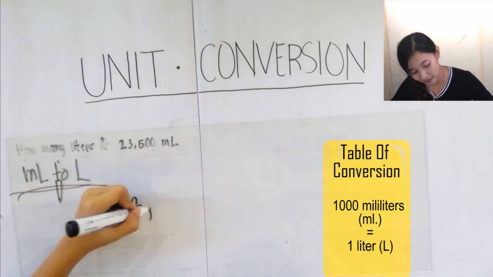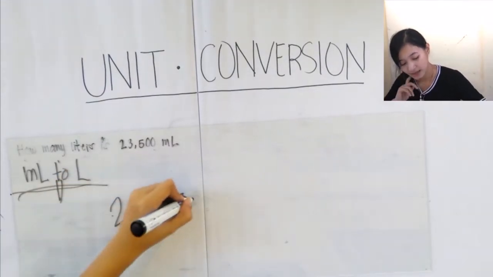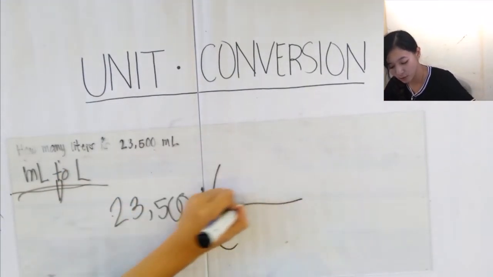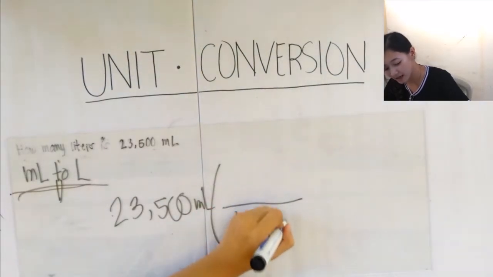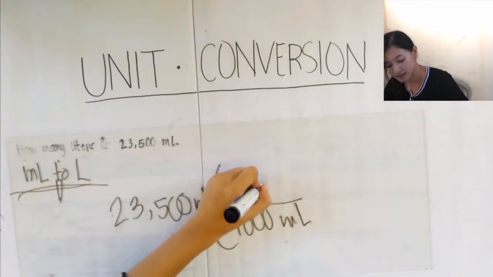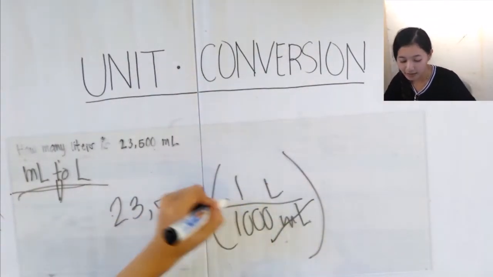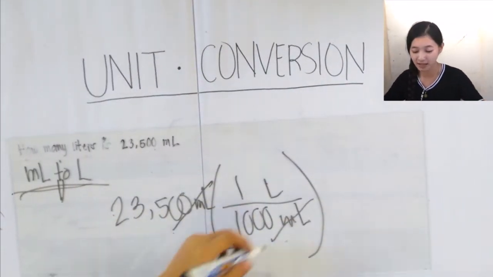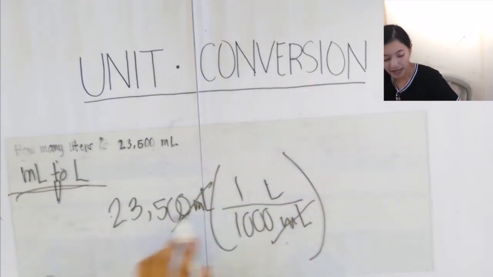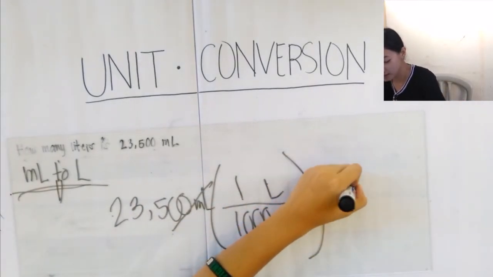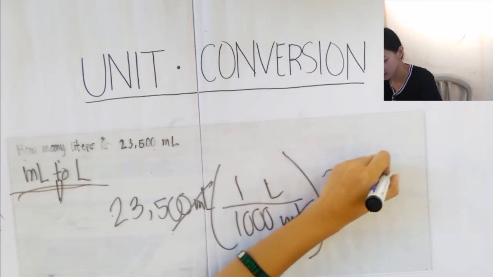So 23,500 ml times 1 liter over 1,000 ml. You will cancel this out and multiply 23,500 times 1.